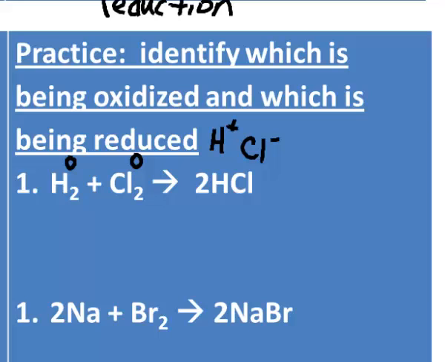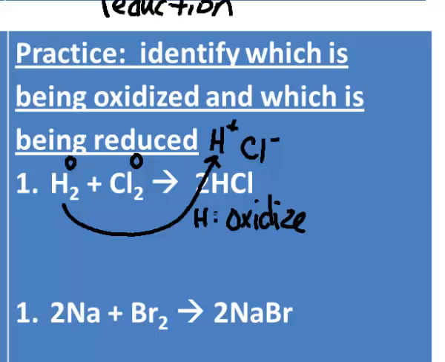So hydrogen went from 0 to +1. So if it has a positive charge, it means it lost electrons, which means it would have been oxidized. So H has been oxidized. And if hydrogen was oxidized, then chlorine must have been reduced. You see that because it now has a negative charge, meaning that it gained electrons.